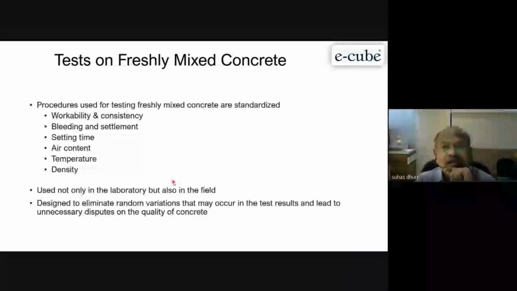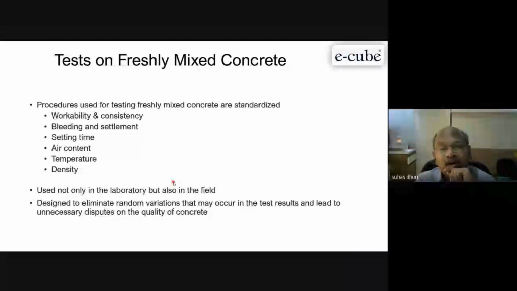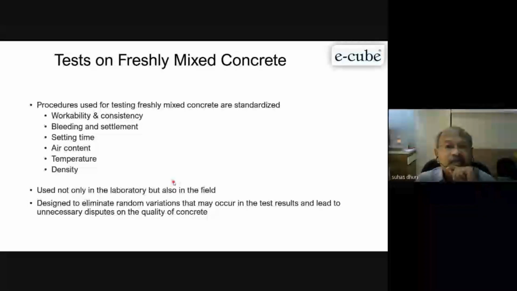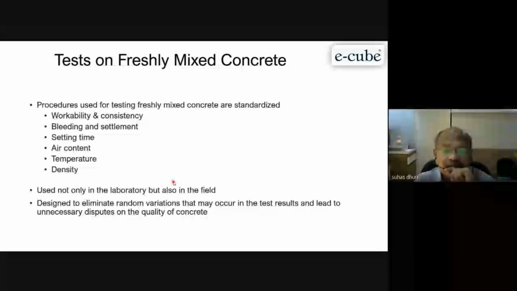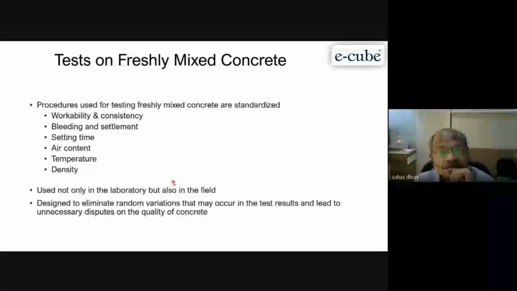Or if you agree to pay according to whatever my theoretical volumes are, that contract should be settled at the initial stage. Otherwise, we'll have a lot of issues. It is a very big commercial impact on the concrete.